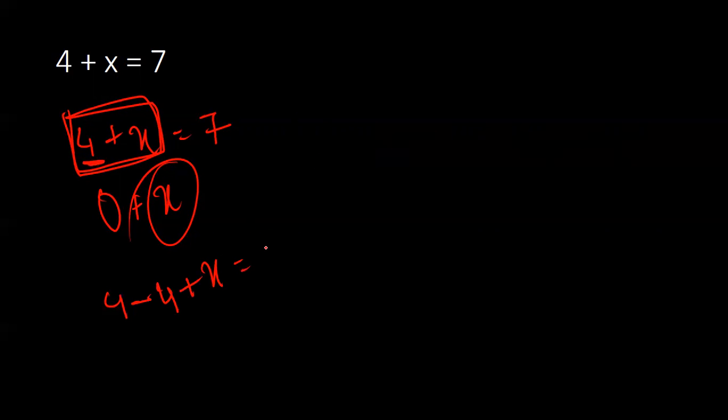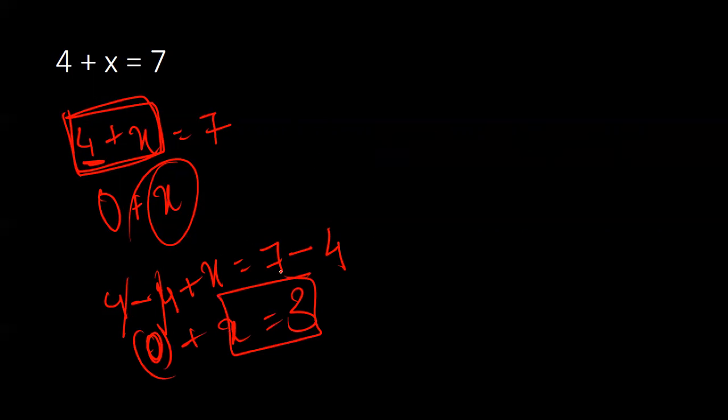But as we saw in the weighing scale or equations, whatever I do on the LHS has to be done on the RHS. So I subtract 4 from there as well. So they get cancelled. It forms a 0 here. Plus x is 3. If you substitute, 4 plus 3 is 7. So we got the value of x equal to 3.